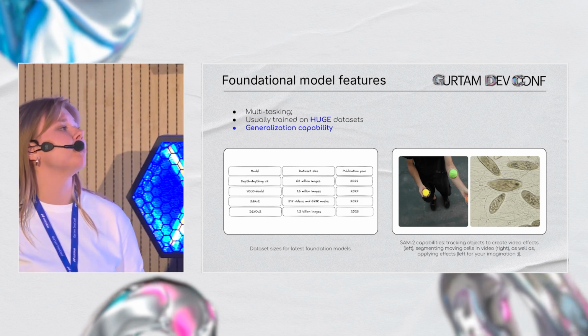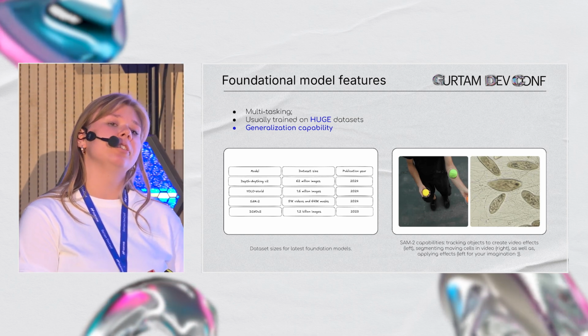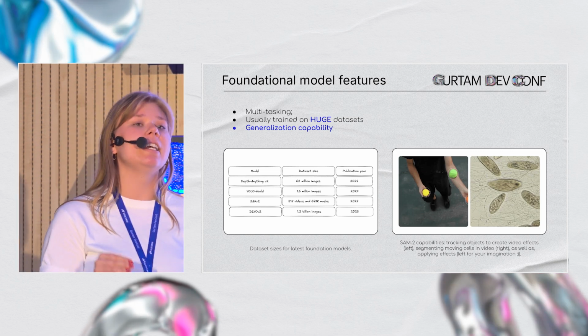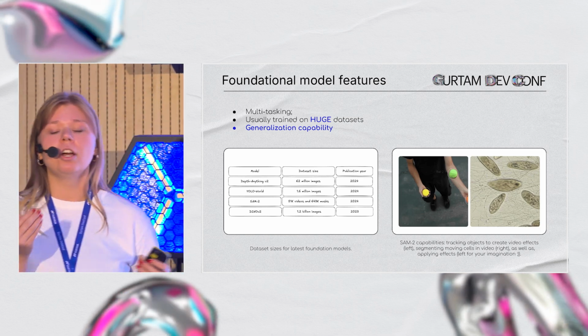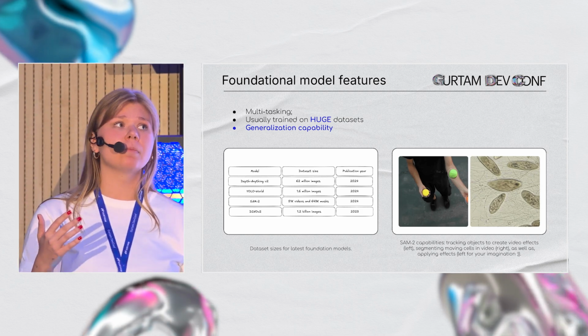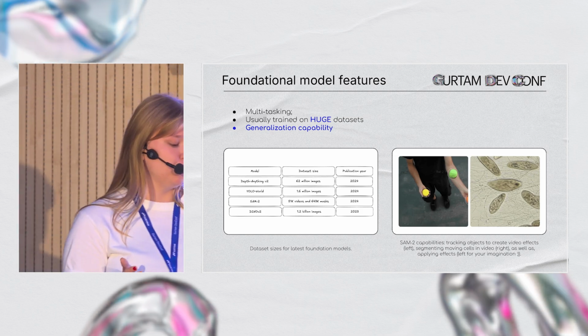And another very important feature of all foundational models is their generalization capability. Generalization capability is an ability of a model to work great on new data, basically on data that the model probably hasn't seen during training.